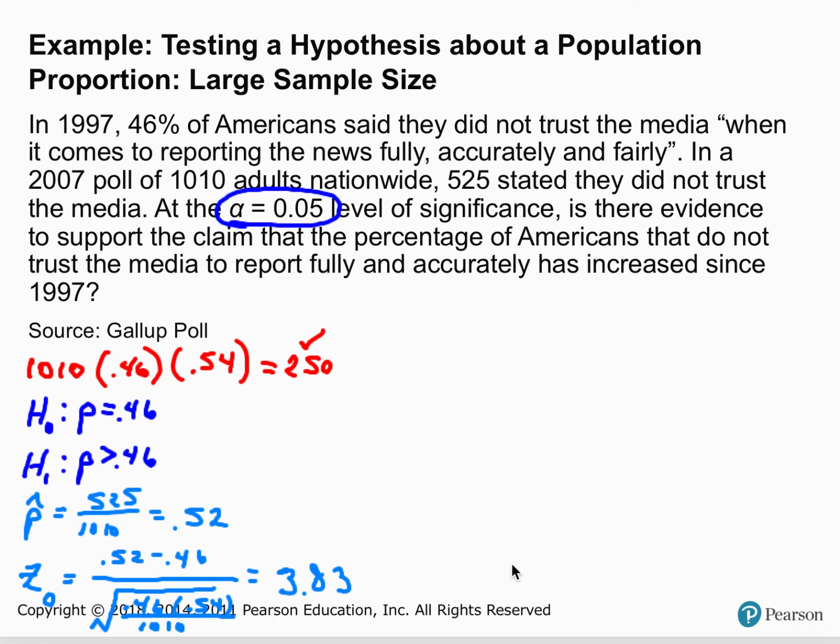So let's think about what this means. This is a right-tailed test, and we've got 3.83.